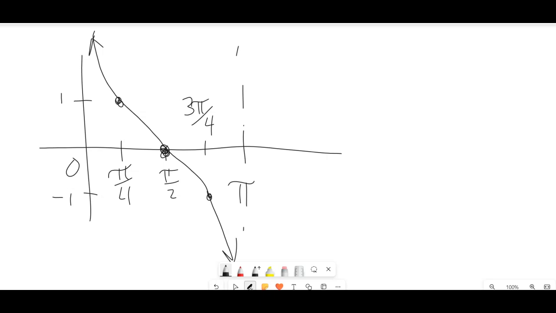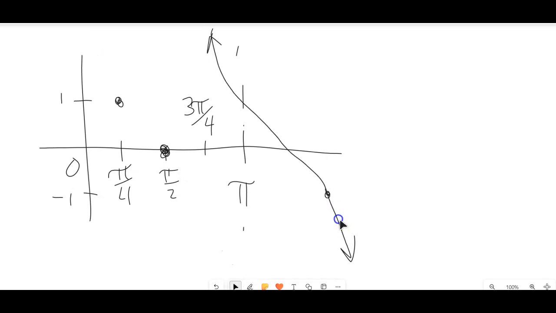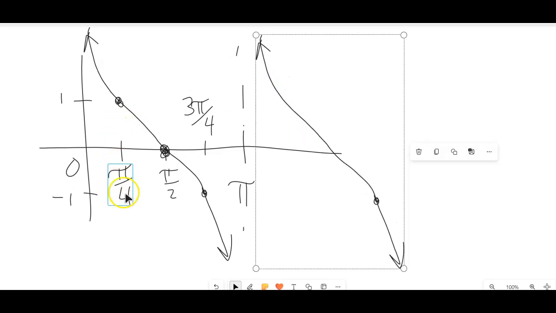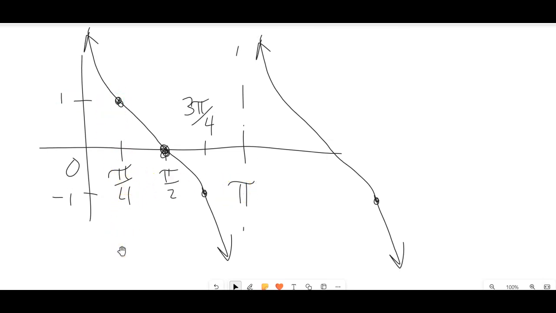Then you're going to basically copy that, and you'll be able to paste it over and over every period. The period is pi, so add pi to that. Pi over 4 plus pi is 5 pi over 4, and at 5 pi over 4 you'll be back at that point again.